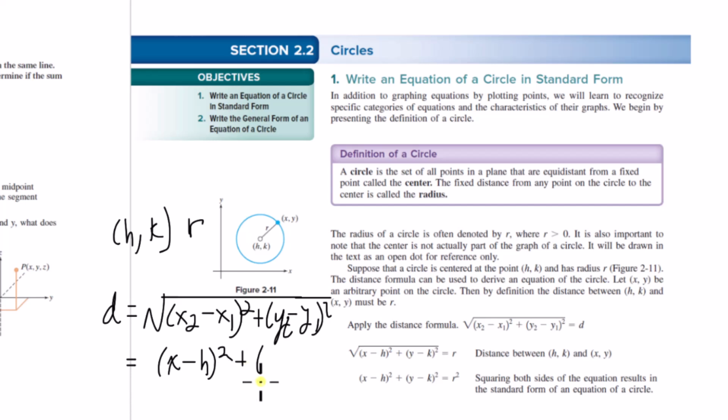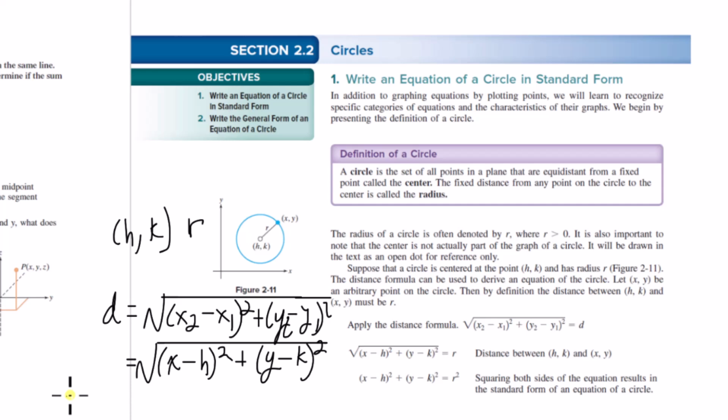Now pick any y point you want in the entire Cartesian plane, subtract that from k, squared. Now take the principal square root of that. So this is some distance between H, K and any x, y point that you pick.